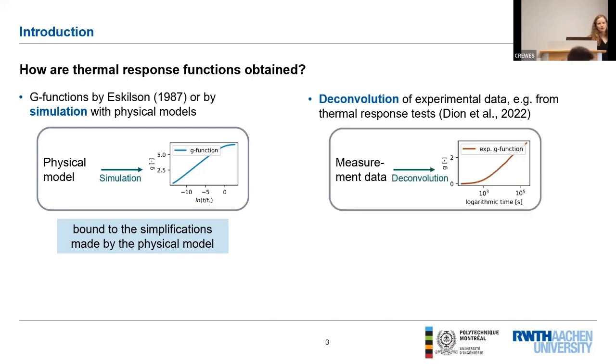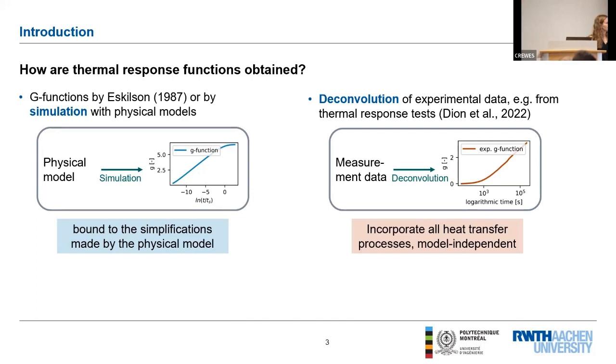And the experimental data is usually data from thermal response tests on geothermal systems. And this way it's possible to obtain experimental G functions. And the advantage of those functions is that they incorporate all heat transfer processes that take place in the subsurface and are independent of a physical model.